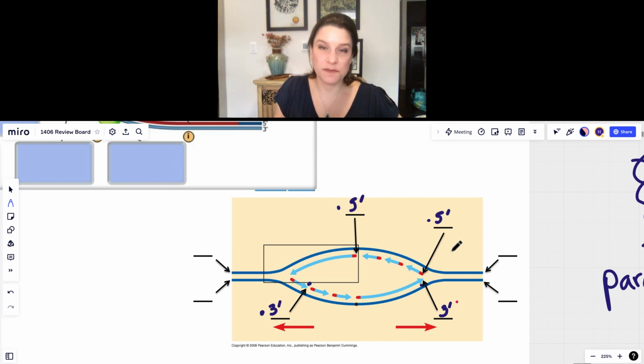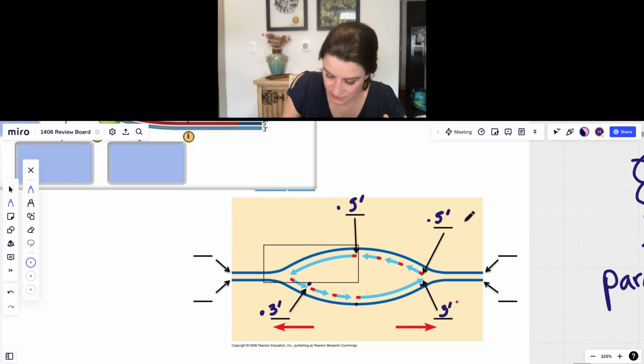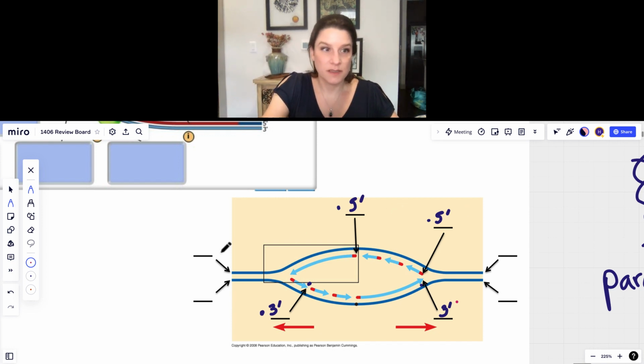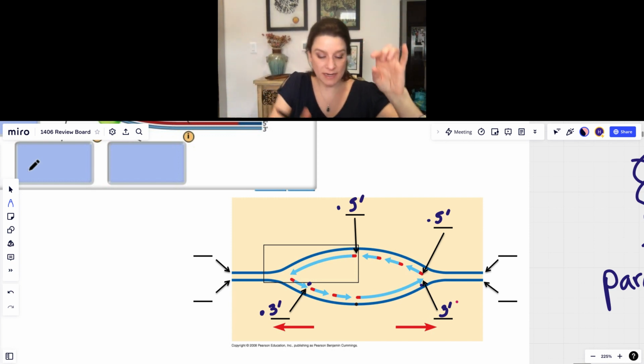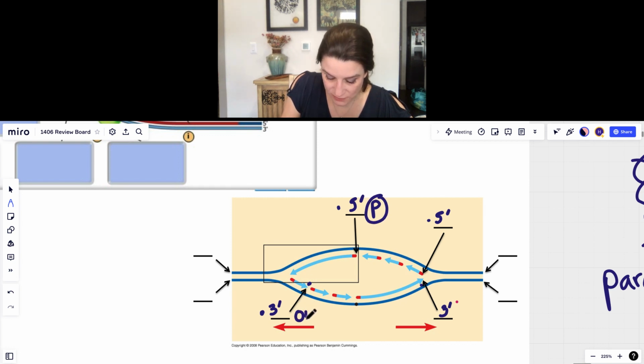Now that means we can also figure out the polarity of the parent DNA. And you'll also notice that we have anti-parallel strands here. 5's are opposite 3's. That's just because that's how DNA strands can fit together. So it's going to end up being a phosphate on one end and a hydroxyl on the other. And so actually, what does the 5' mean? That means there's a phosphate on that end versus the 3', which means there's an OH on that end.